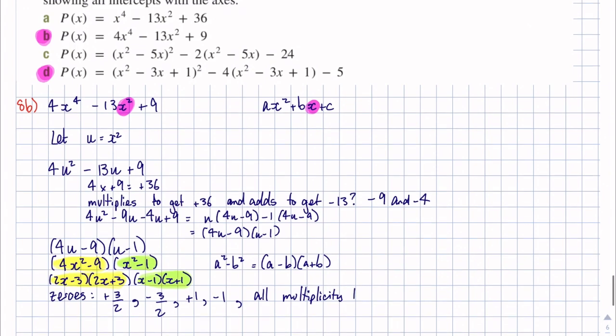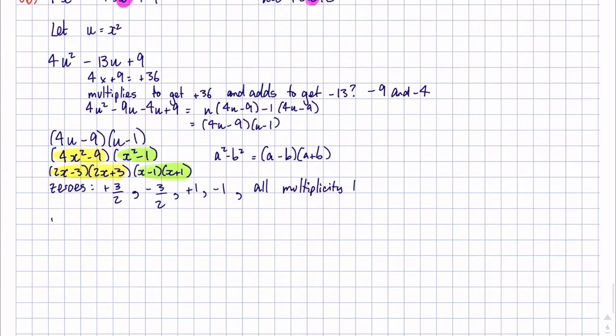They're all simple. My y-intercept, let x equals 0. I've got y equals 4 times 0 to the 4, take 13, 0 squared plus 9. It's obviously going to come out as 9.